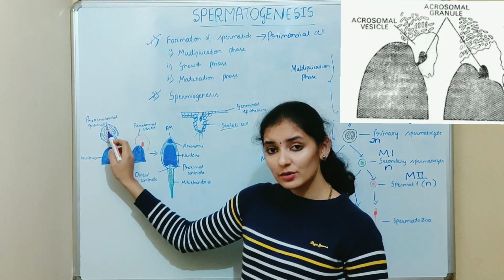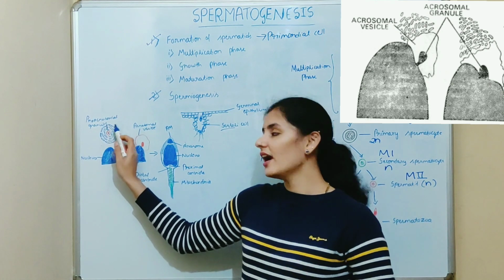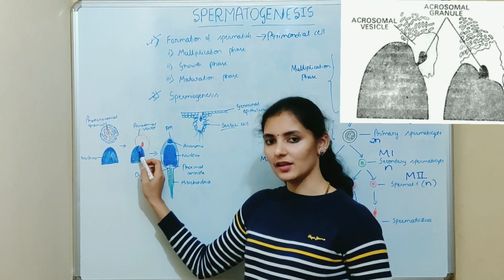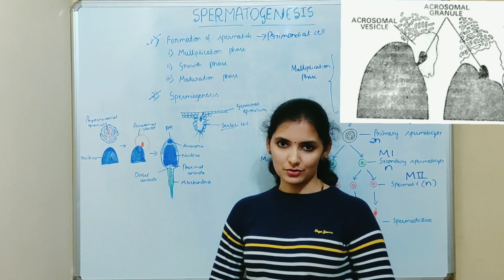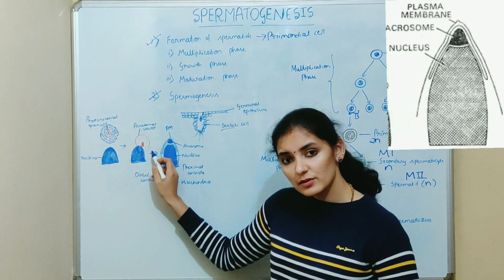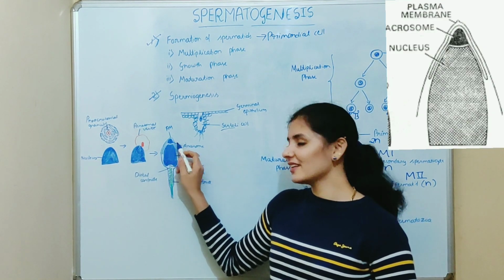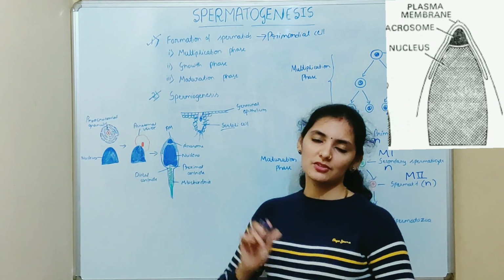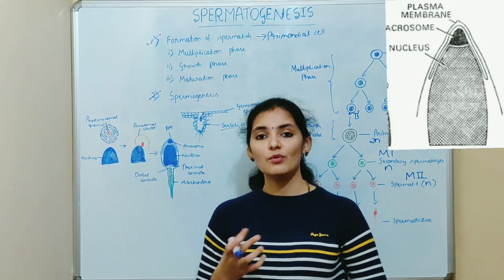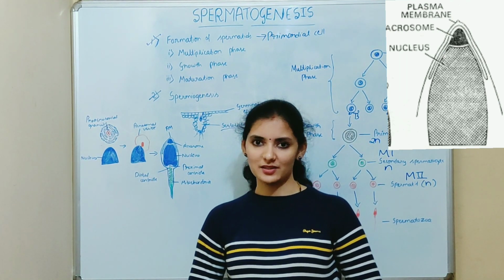Later, this proacrosomal granule enlarges and attaches to the sperm nucleus to form the acrosome. The membrane of the acrosomal vesicle forms a double membrane cap-like structure in the anterior region of the sperm head. That is how acrosome formation takes place.